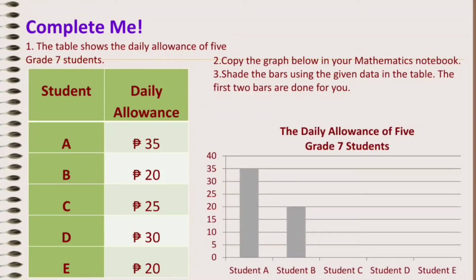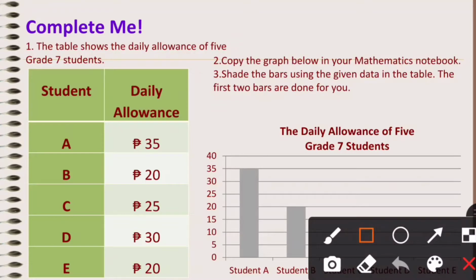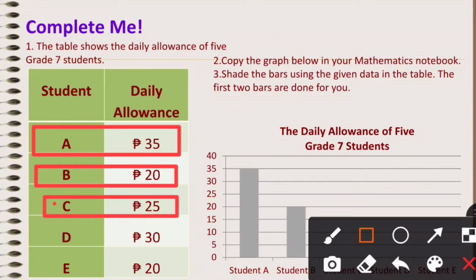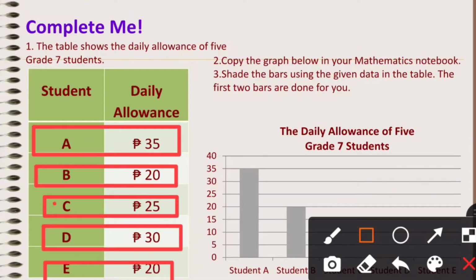Shade the bars using the given data in the table. The first 2 bars are done for you. So student A, we have 35. Student B, we have 20 pesos. Student C, we have 25, D 30. Then student E, we have 20 pesos. The 2 students are done for you.